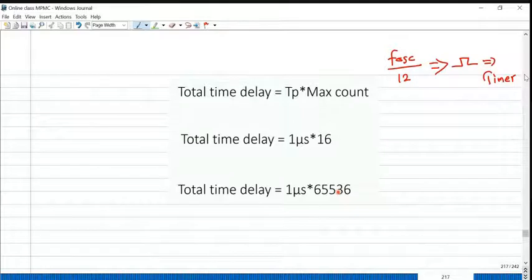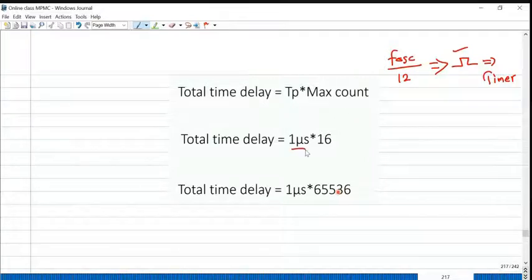Already we calculated the time period of one machine cycle. There is no correlation between the machine cycle time period calculation and this F oscillator by 12. The internal circuitry is made like this: oscillator frequency divided by 12, and whatever clock pulse is available is applied to the timer circuit. Please remember this.